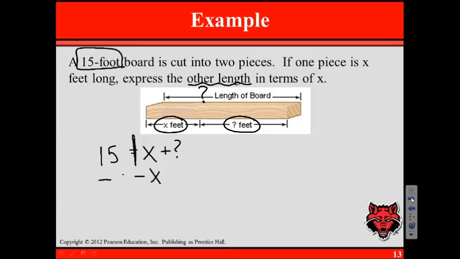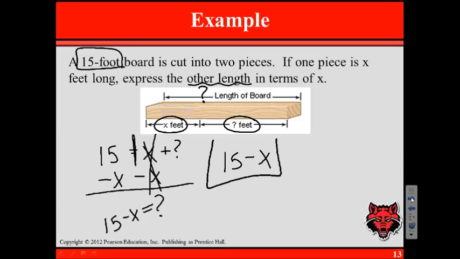We subtract x from each side because x and negative x cancel. So on the right-hand side, we're left with the question mark. On the left-hand side, we have 15 minus x, but those are not like terms, so we just have to write them beside one another. So the question mark, the other length, written in terms of x, is 15 minus x.